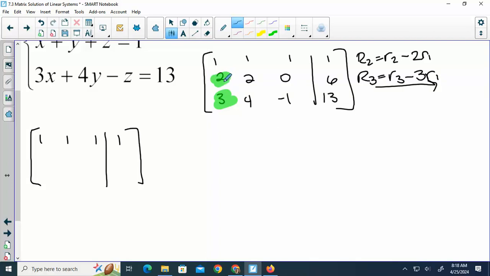So 2 minus 2 times 1 gives us 0. Next one, 2 minus 2 times 1 gives us 0. Next one, 0 minus 2 times 1 is -2. And 6 minus 2 times 1 is 4.